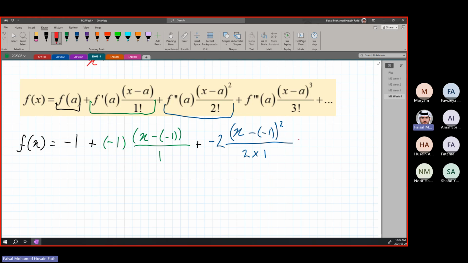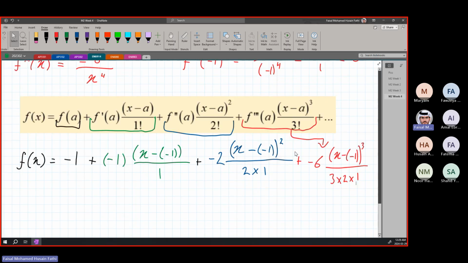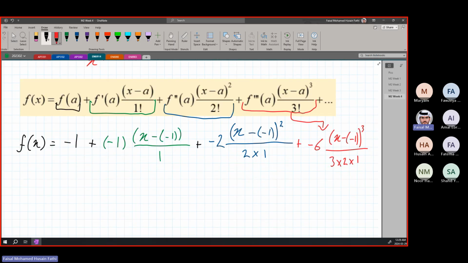And then the third derivative, this part over here. We found it to be minus 6 at the center point. So minus 6 times x minus a, which is minus 1, cubed divided by 3 times 2 times 1, 3 factorial. And it will keep on going. So this is plus dot, dot, dot.